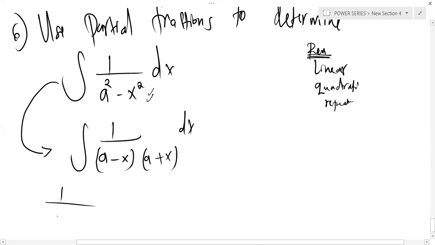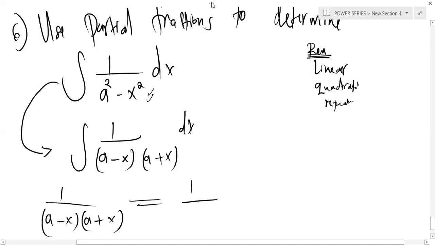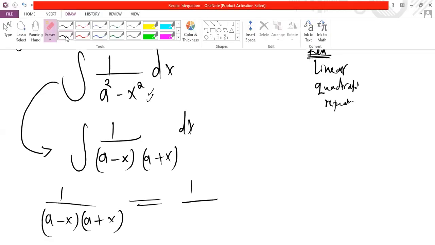So this is what we are going to have: 1 over a minus x, a plus x. And then I want to resolve this into its partial. I can rewrite this such that we have it starting with x. So for the first one, take out the minus. I want us to start with positive values of x so that it becomes easier to relate.